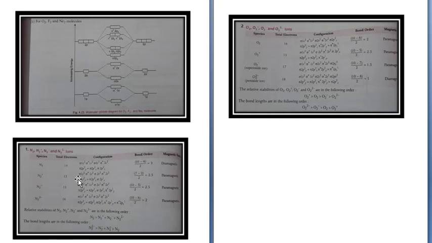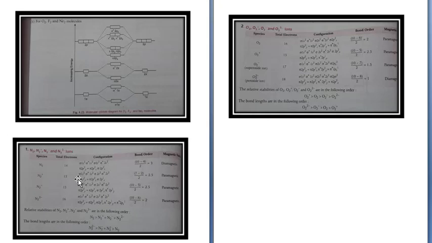The configuration becomes sigma 1s2, sigma asterisk 1s2, sigma 2s2, sigma asterisk 2s2, pi 2p2y, pi 2p2z and sigma 2p1x. Now the number of bonding electrons is 2 plus 2, 4, plus 2, 6, plus 1, 7.